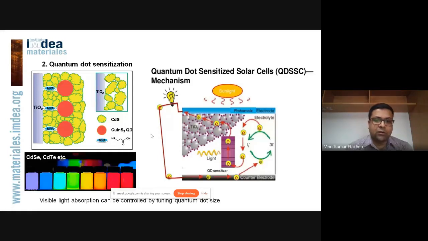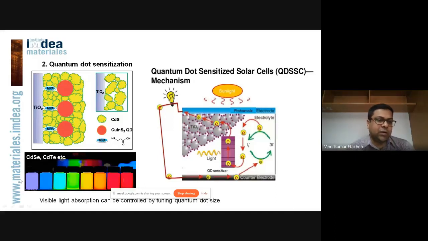So this can be used for electricity generation, and the same method can also be used for hydrogen generation from water. The advantage over dye sensitization is chemical stability. The quantum dots are much more stable compared to organic or inorganic dyes. And the visible light absorption can be precisely controlled by tuning the quantum dot size.